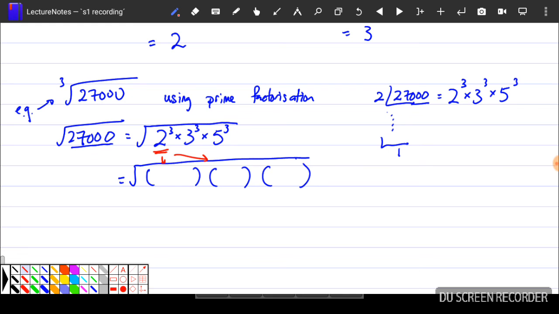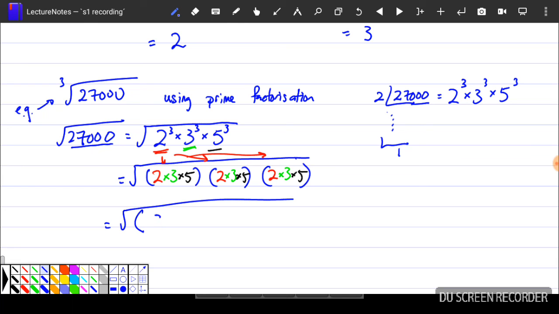So since there are 3 2's, to split into 3 brackets, I will have one 2 each. Same for 3. So this is times 3, this is times 3, this is times 3, and lastly times 5 times 5 times 5.